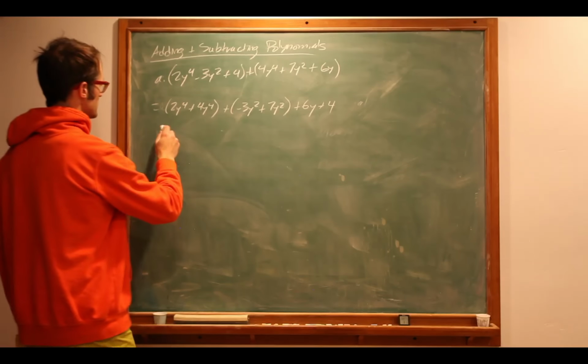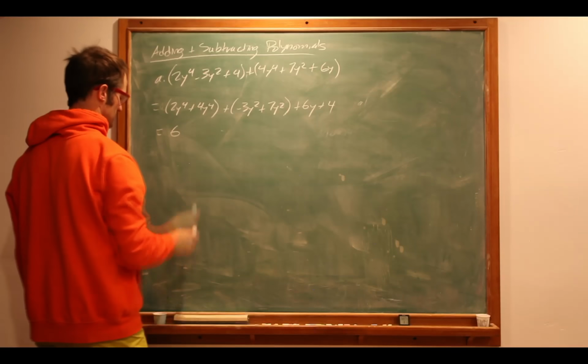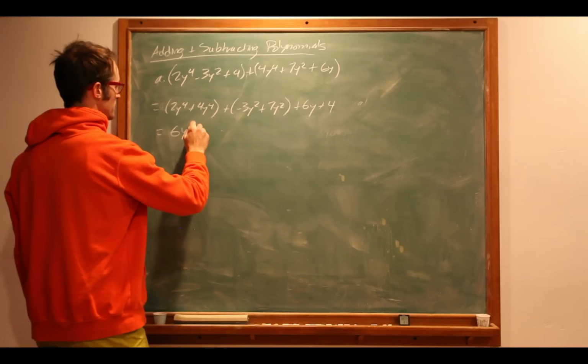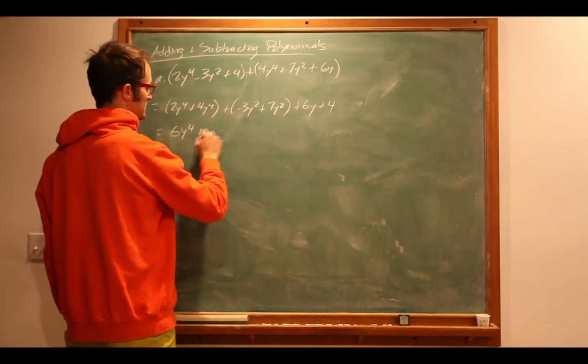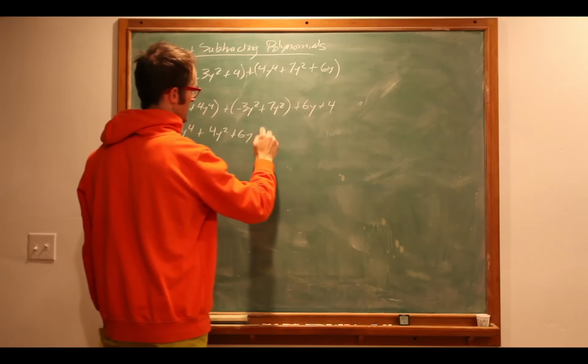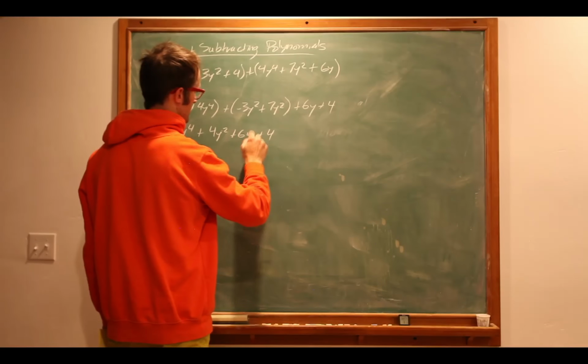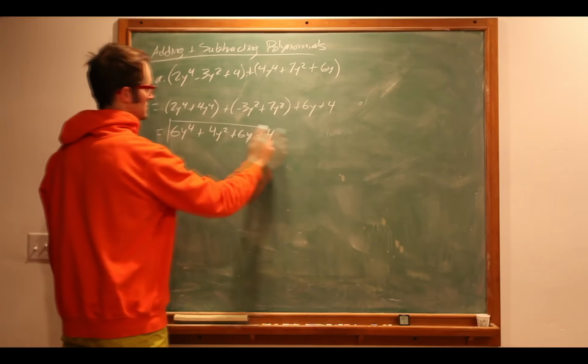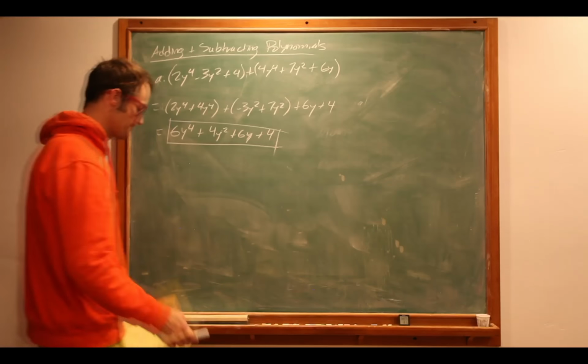Okay, so we just combine these. So 6y to the 4th plus 4y squared plus 6y plus 4. And there is your answer.